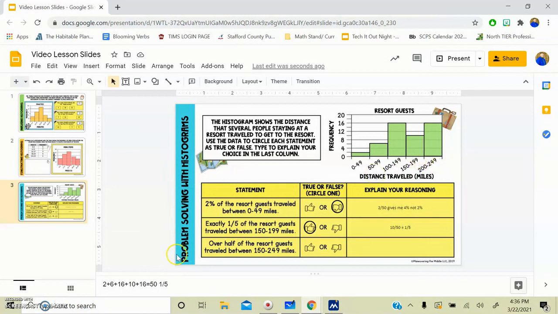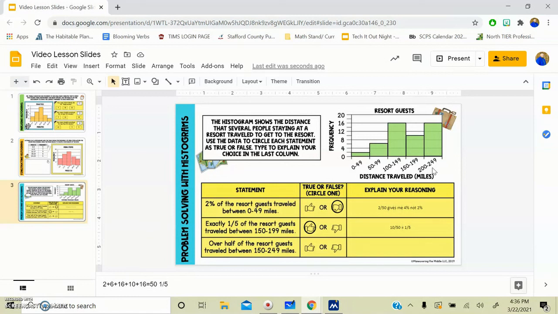So if I add the number of people that traveled 150 to 199 miles to the 200 to 249 miles, I'm going to do 10 plus 16, which gives me 26. And then I'm going to divide that by 50.